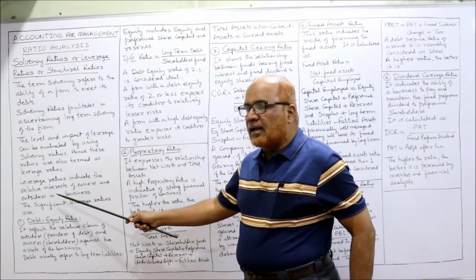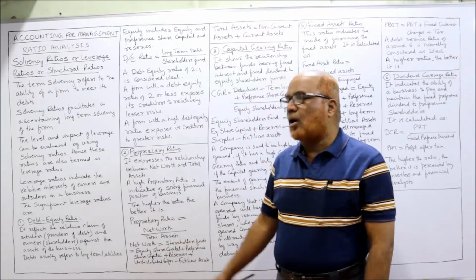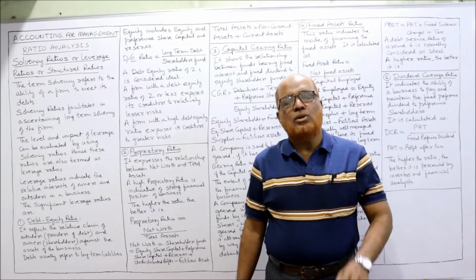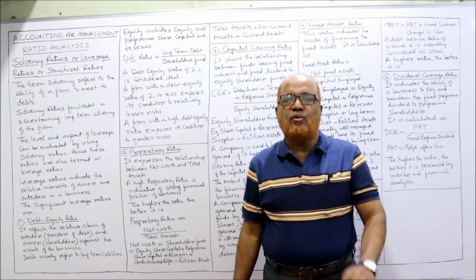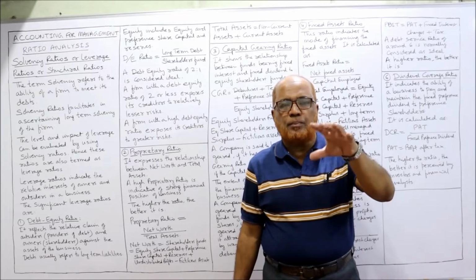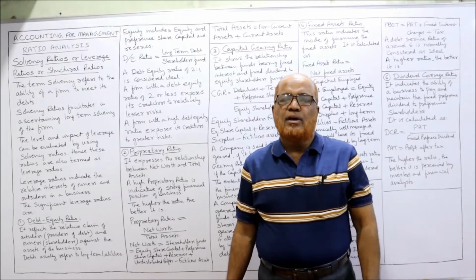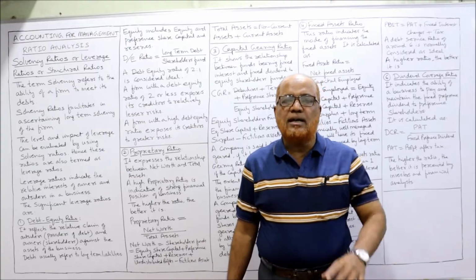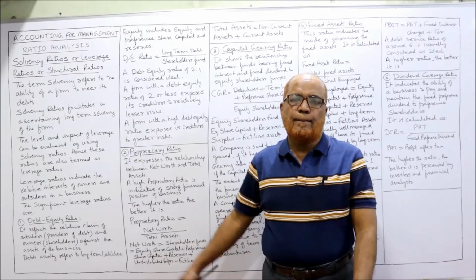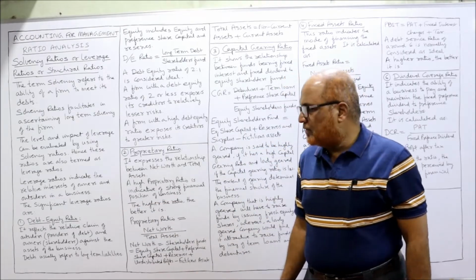Leverage ratios indicate the relative interest of owners and outsiders in a business. These ratios explain the proportion of owner's capital and the proportion of debt funds. The relationship between owner's funds and debt can be known by applying the solvency ratios.